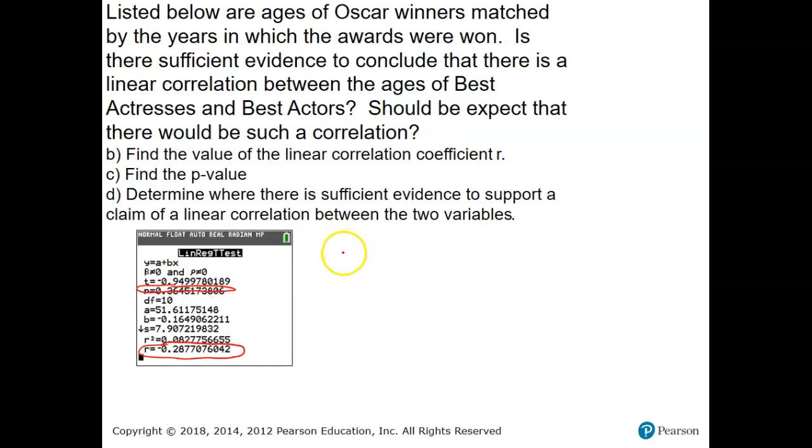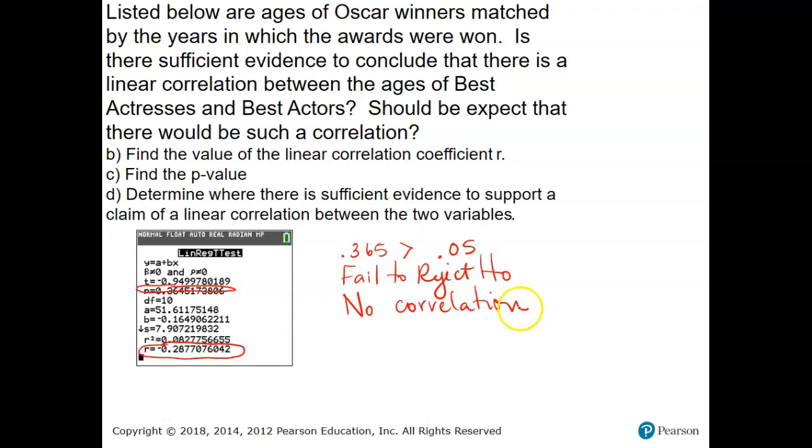If I compare my p-value, which is 0.365, to the alpha, which we're typically using of 0.05, my p-value is larger, so I'm going to fail to reject the null hypothesis, which basically says that I have no correlation. Okay, no linear correlation.